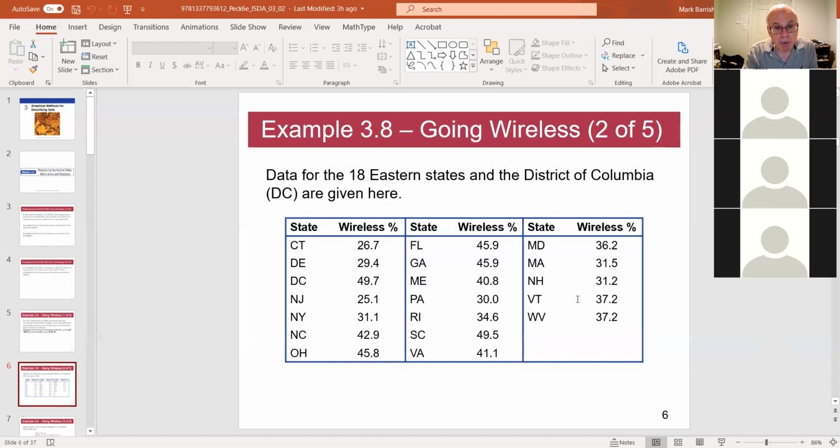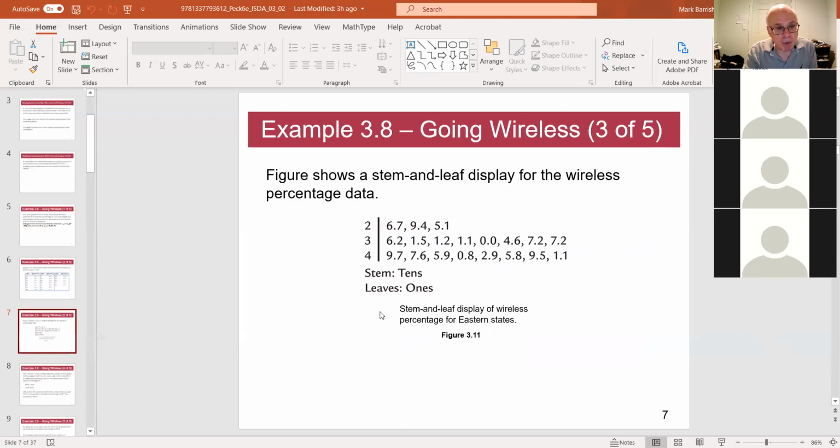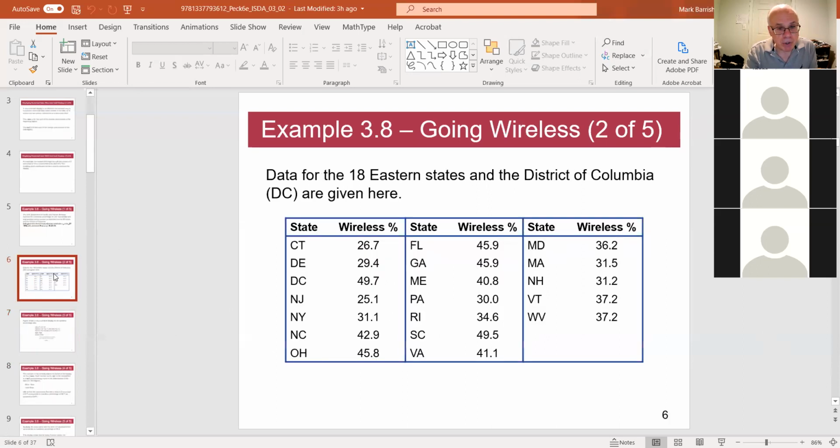And if we wanted to create a stem and leaf from this data, we would take a look at all the numbers in the data set and make a decision about what should be our stem and what should be the leaf. The reason is basically what the stem and leaf is going to look like. Now, if we just use the first digit as our stem, all the numbers here are 20s, 30s, and 40s, I believe.